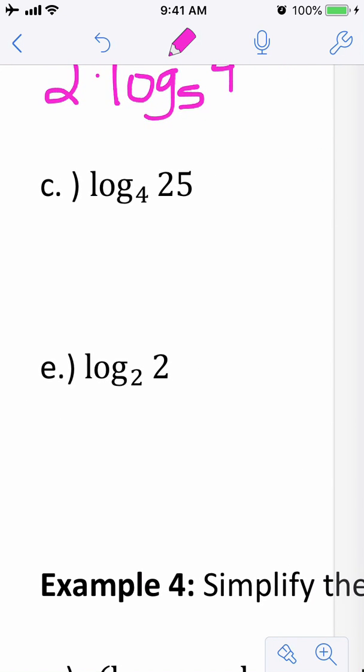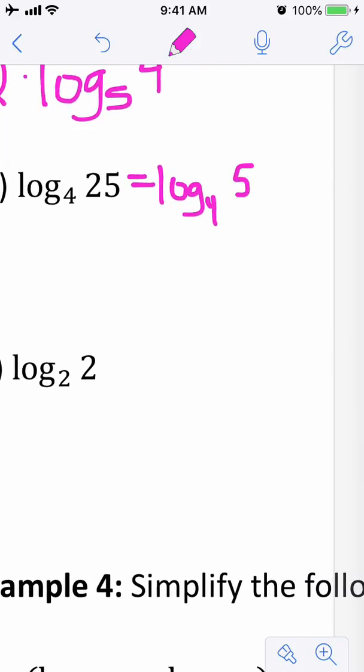Alright, log base 4 of 25. Well, this may not look like a power rule, right? But there's a hidden exponent within there. Like I was saying before with the quotient rule, you can break things up. So here, instead of having 25, I know that's a perfect square. I can view this as log base 4 of 5 squared.